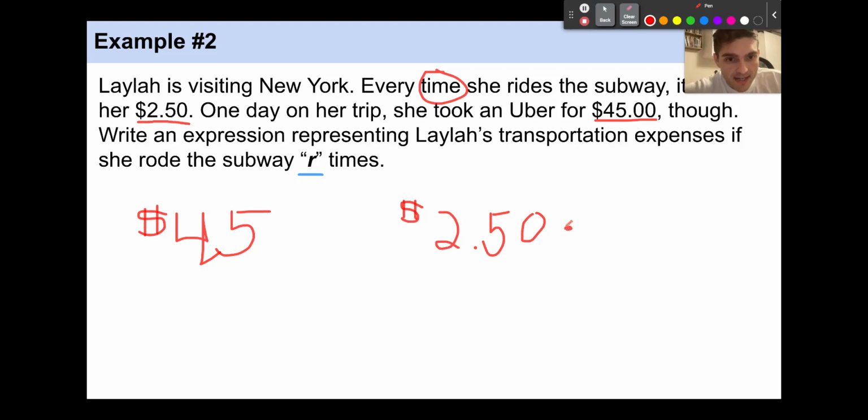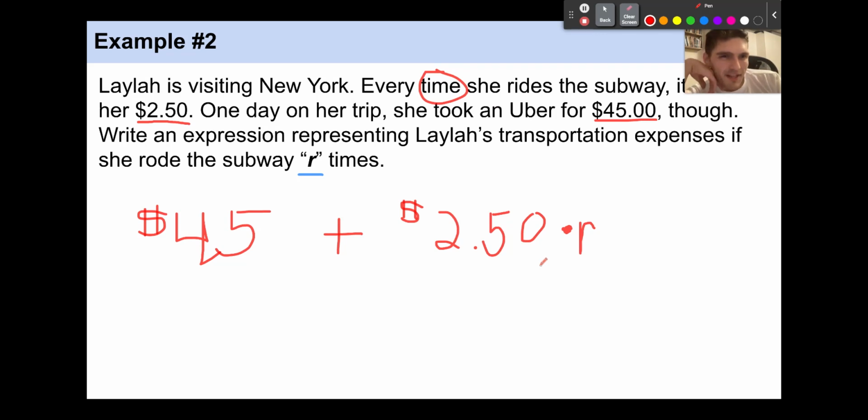And how many times did she ride? It was R. So we're going to say 2.50 times R, and then we're going to put it together with the 45, and we're just going to put a plus sign in the middle. 45 plus 2.50 times R.